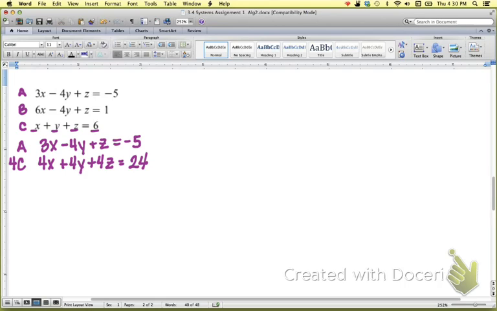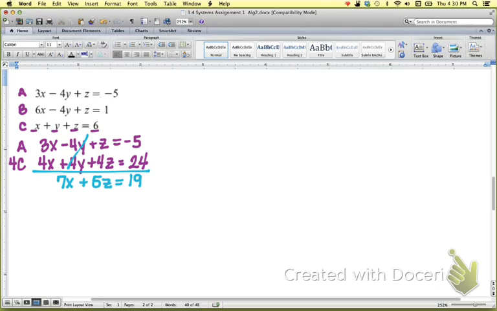All of the terms in equation C. Now that I have done that, we are going to add these two equations together. Because we set it up this way, the y's are going to eliminate. What we have left is 7x plus 5z equals 19.